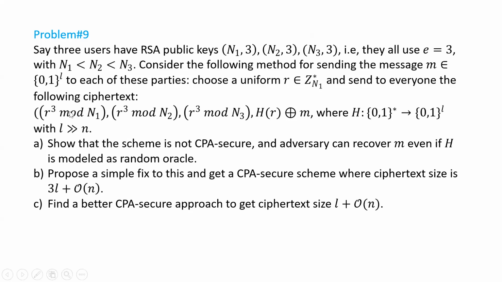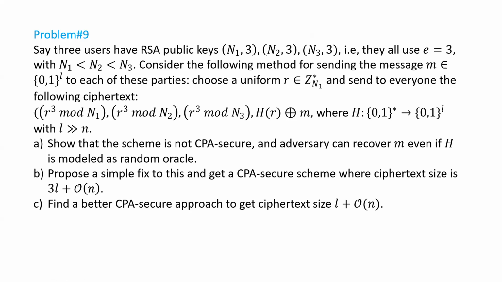If you remember from the lecture, it was discussed nicely how using the same small value of e, in spite of taking different moduli n1, n2, n3, which may even be co-prime to each other, is a problem. Because if they are not co-prime to each other, then by default you can find the factorization of n1 or n2 or n3.